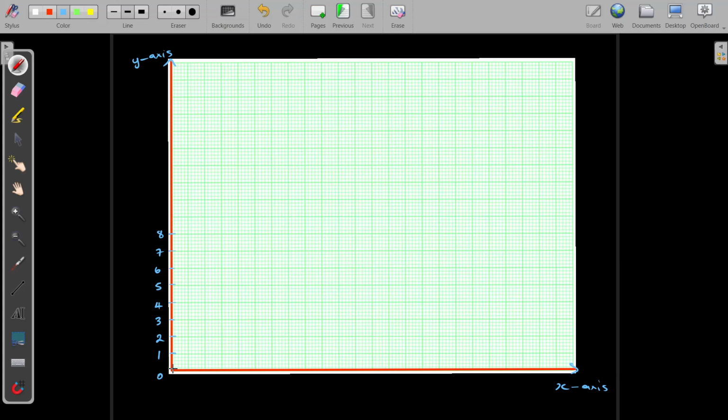So if we break the graph here, we can start here. So if this is 50, this would be 45.